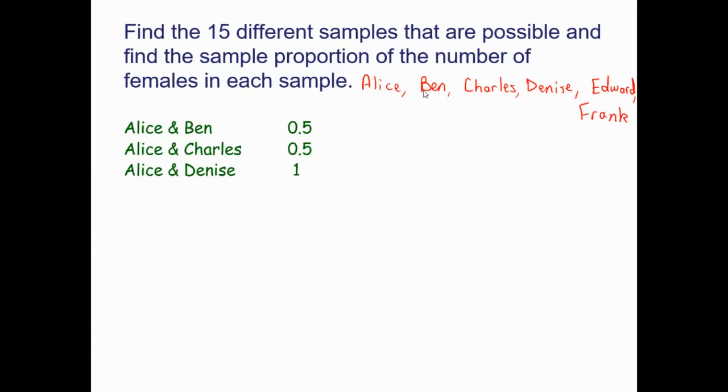It's guaranteed to happen if I go into that group and pick a female. Then who would we do? Alice and Edward, just 0.5. And then who else? Frank. Alice and Frank. Again, 0.5.